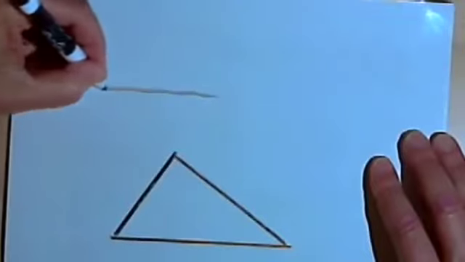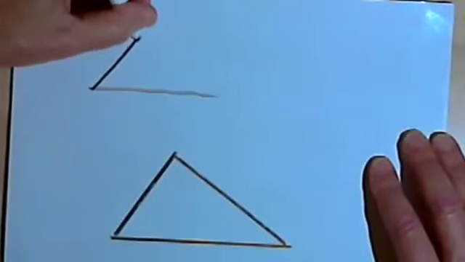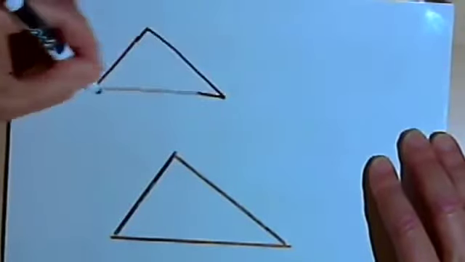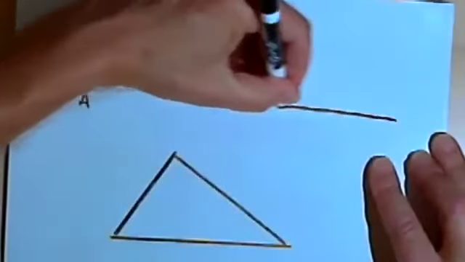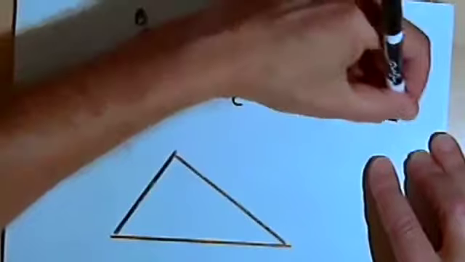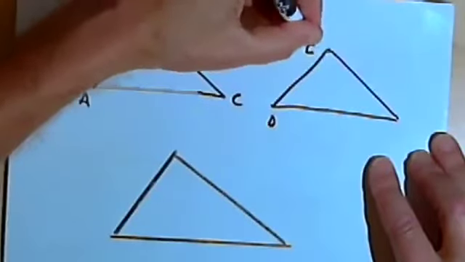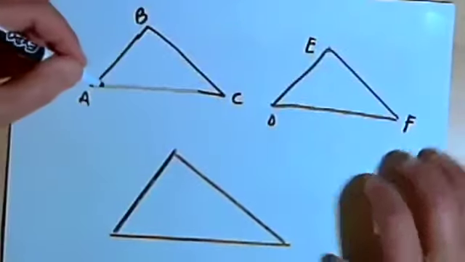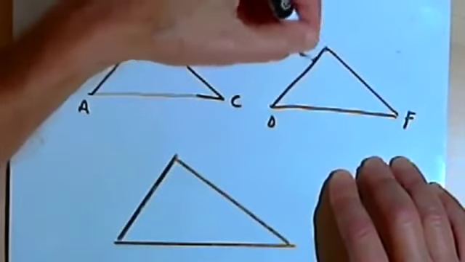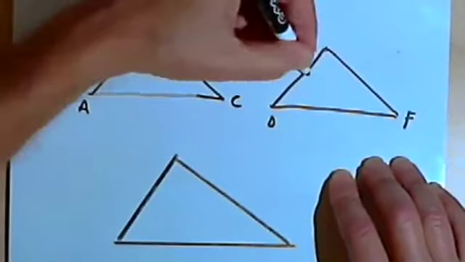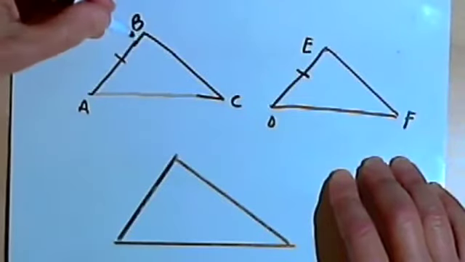What that says is this. If I've got 2 triangles, let's call one triangle ABC. And I've got another triangle. We'll call that DEF. And let's say side AB is exactly the same length as side DE, like 2 sticks that are the same length. So they're congruent sides.